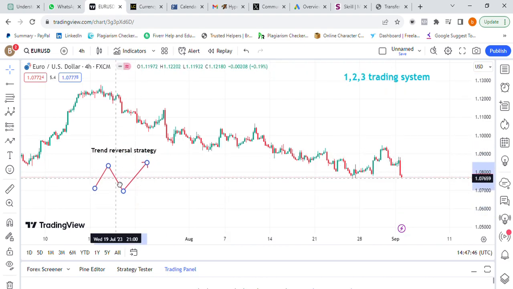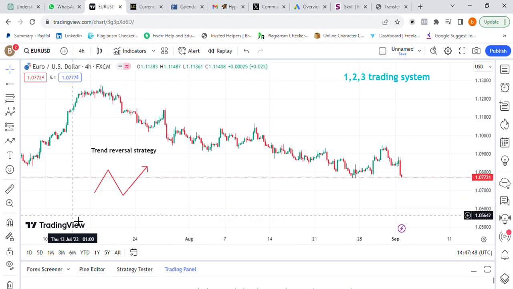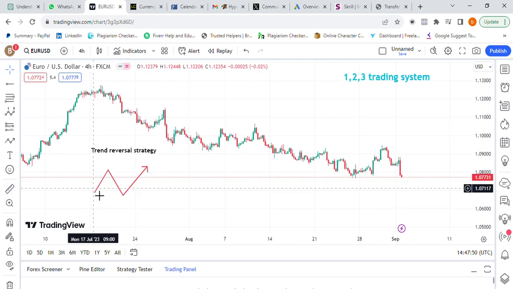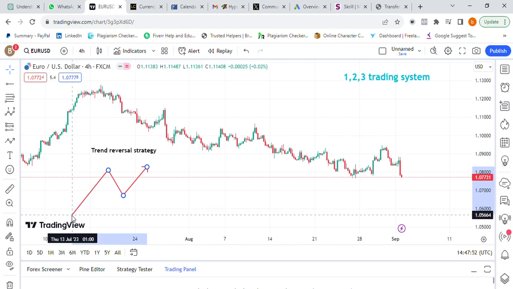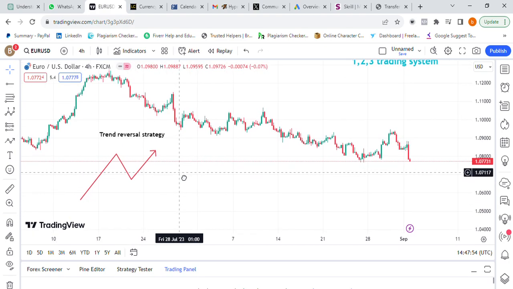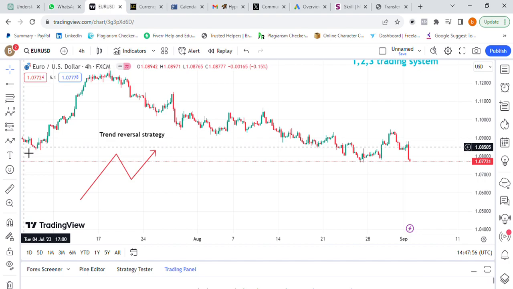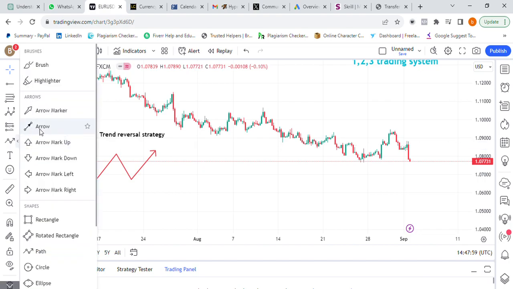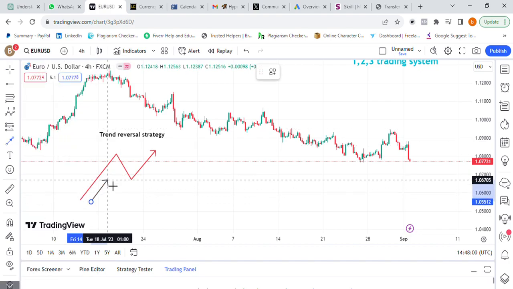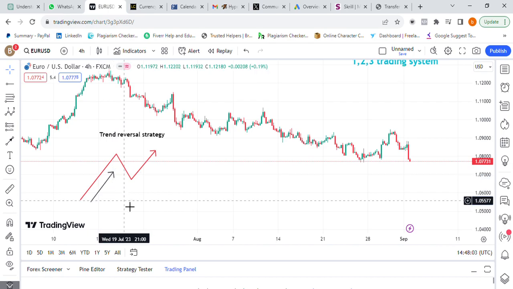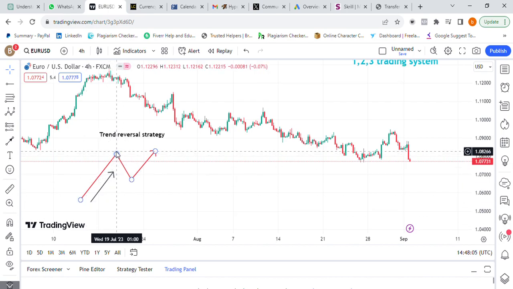Now, how does it work? We've drawn this trend. This is assumed to be an uptrend. So it gets to this point. This point now is where we call the number one position.